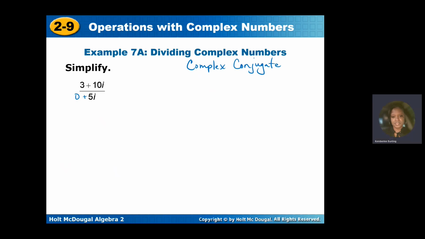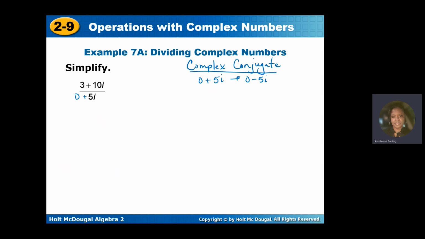In this case, if it starts off with 0 plus 5i, it's going to become 0 minus 5i. It starts off with addition in the middle, and then it's going to become subtraction. Notice nothing else changed, only the sign in the middle.